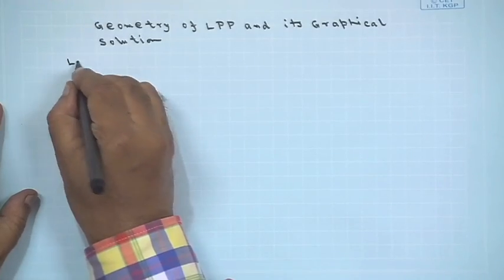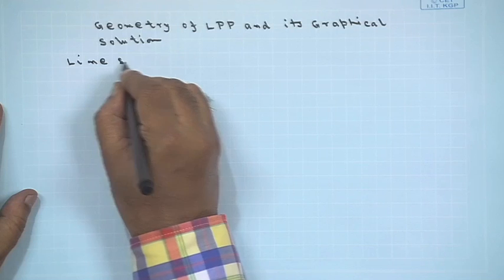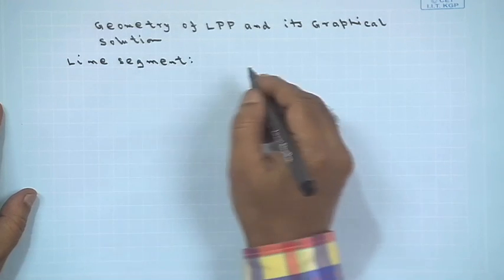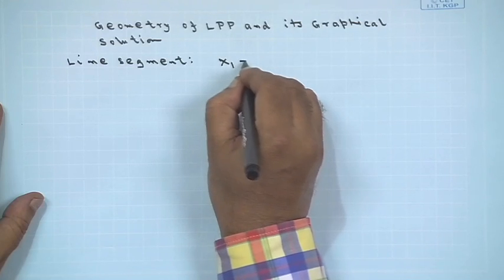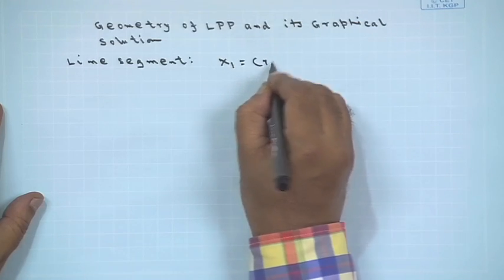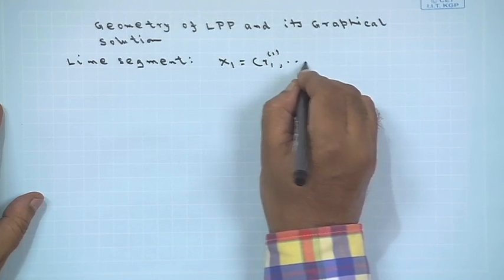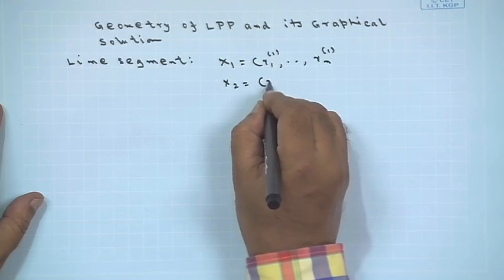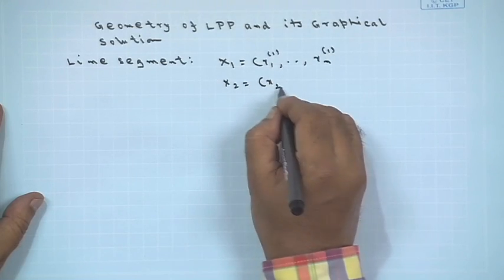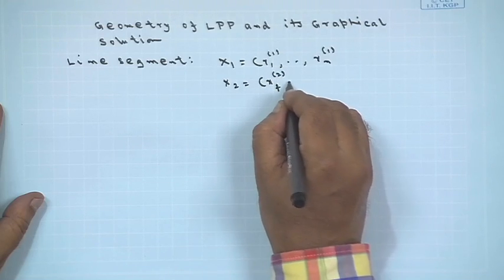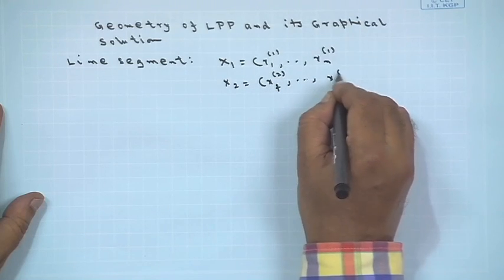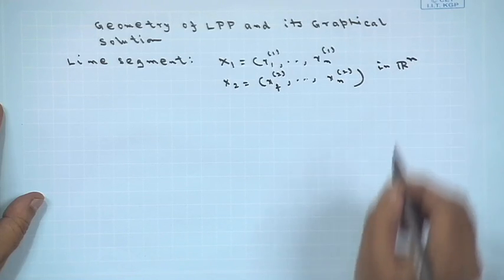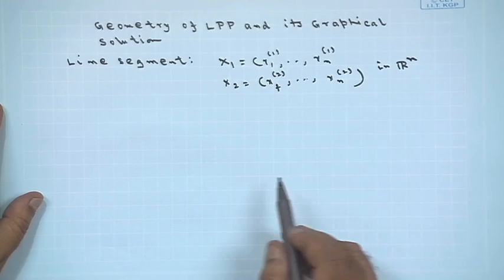One is line segment. Suppose you have 2 points in R n, x 1 equals (x 1 1, up to x n 1) and x 2 equals (x 1 2, up to x n 2).